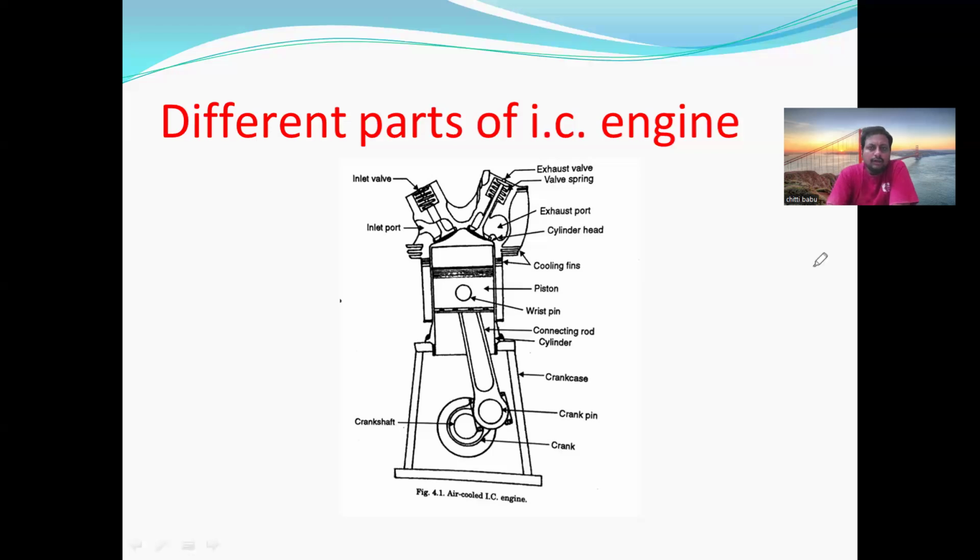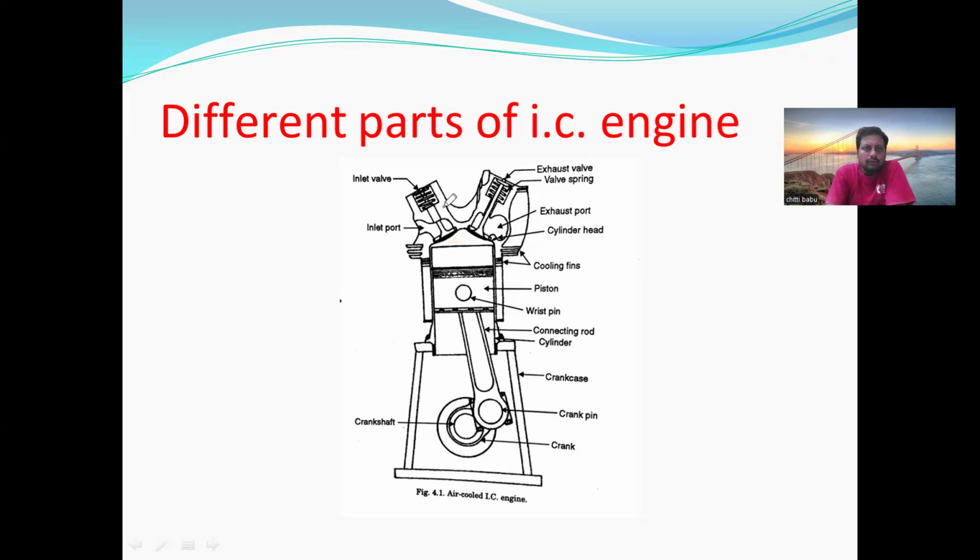This is the combustion chamber, where the combustion takes place inside of the engine.